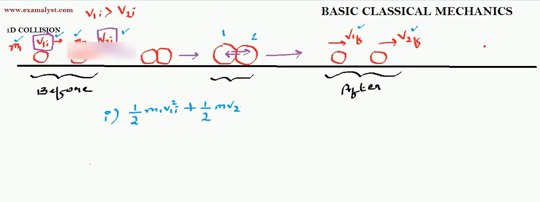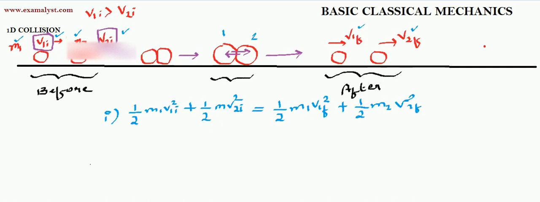These are the kinetic energies of balls 1 and 2 before collision. Since this is an elastic collision, the kinetic energy of ball 1 plus the kinetic energy of ball 2 after the collision has to be the same. So this first equation directly represents the conservation of energy.